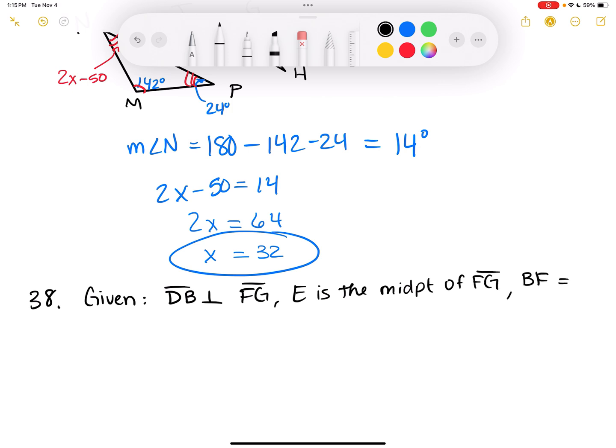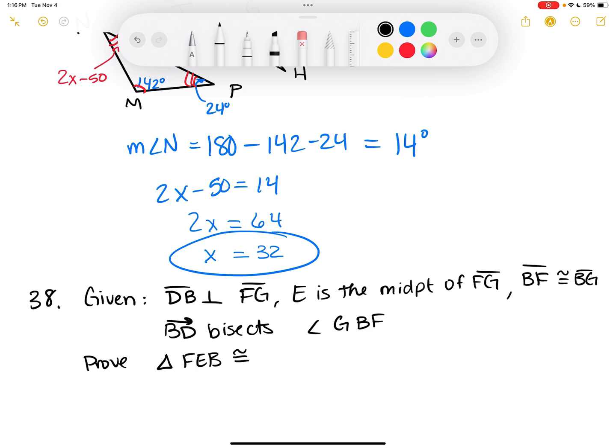BF is congruent to BG. And BD, the ray BD bisects angle GBF. And we're trying to prove that triangle FEB is congruent to triangle GEB.